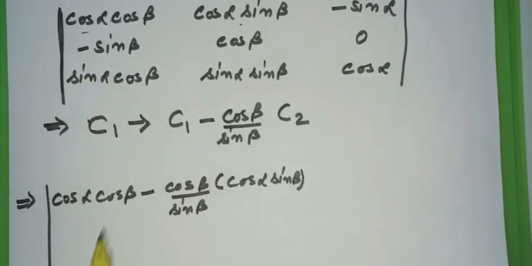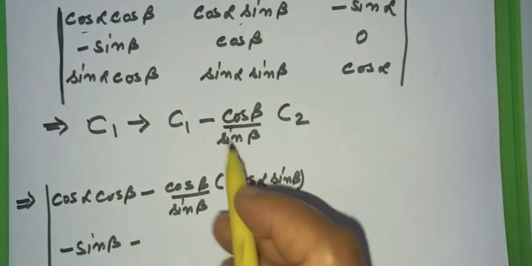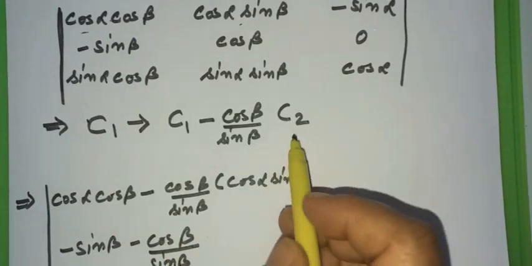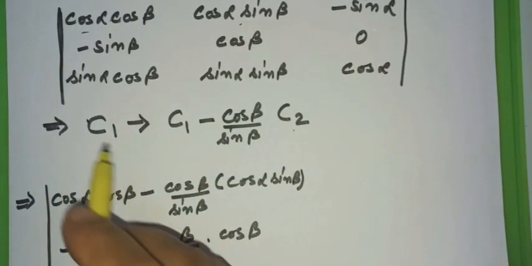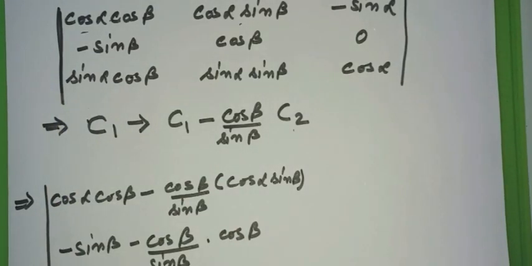The second element becomes minus sin beta minus, in place of C1 I write the element of C1 minus cos beta upon sin beta into the corresponding element of C2, which is cos beta. And the third element of C1, that is sin alpha cos beta, minus cos beta upon sin beta times this element of C2, that is sin alpha sin beta.